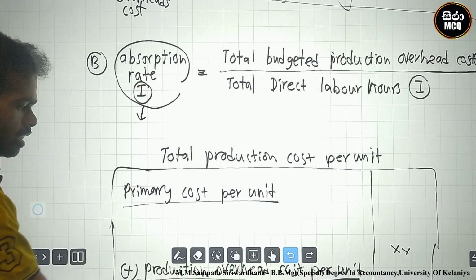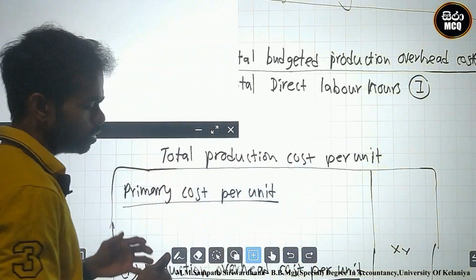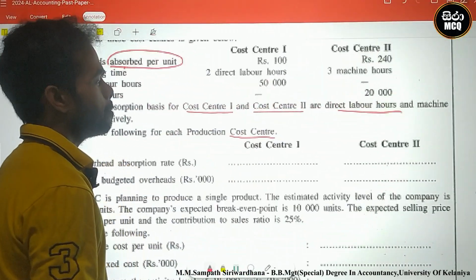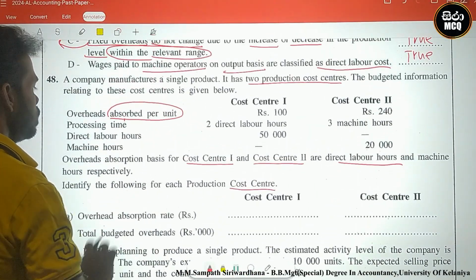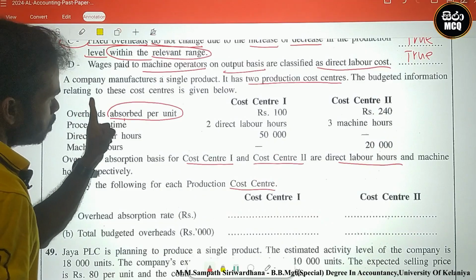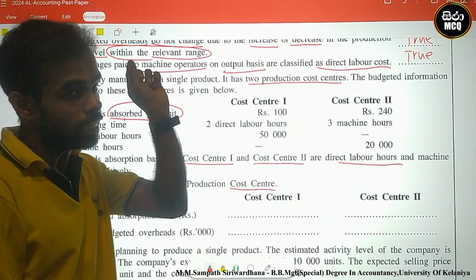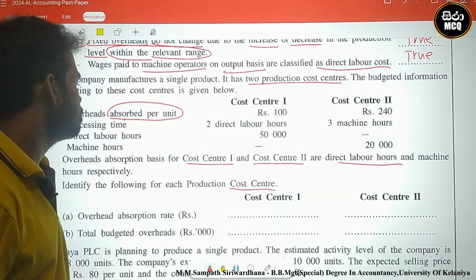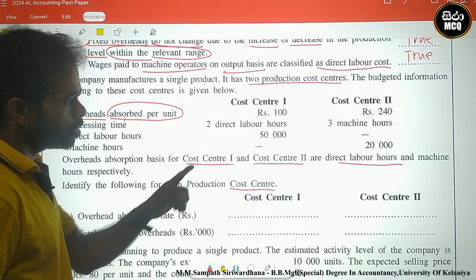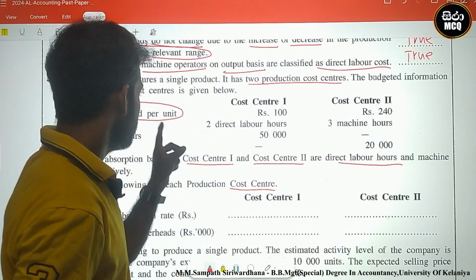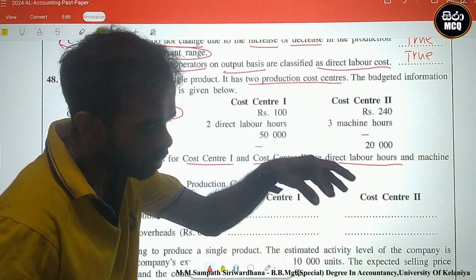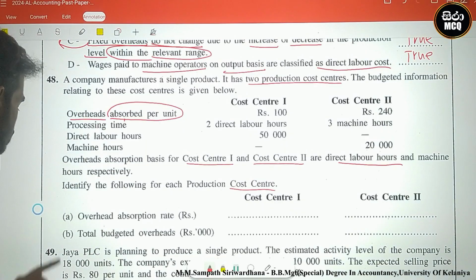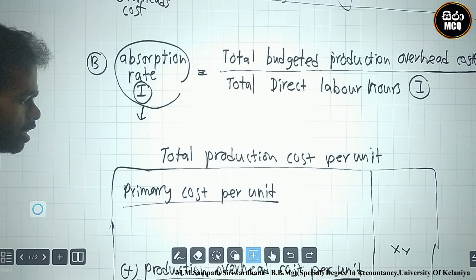Okay, look here, they said using cost center 1. Firstly we concentrate on cost center 1. Look here: overhead absorbed per unit, cost center 1. Absorbed means already included, 100. Already included 100, what is the location?